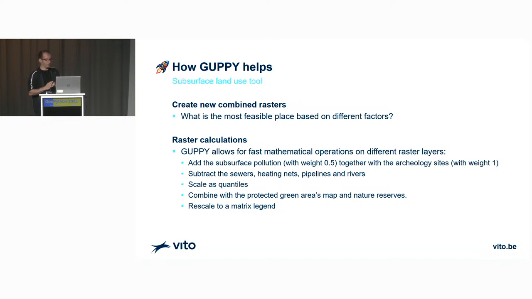So the problem was you should add different layers, like subsurface pollution with a different weight and some archaeology sites, and then you should subtract things like sewers, heating networks, rivers. You should rescale it as quantiles or natural breaks, and then combine that rescaled result with the green protected areas that are also rescaled, and this should all be rescaled into a matrix legend. That was a requirement.